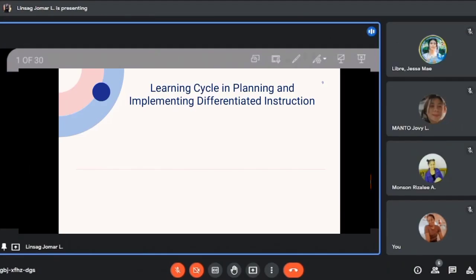Now let's have here the learning cycle and planning and implementing differentiated instruction. The learning cycle is the process through which students acquire the knowledge base. How important is the learning cycle in planning curriculum? It guides learning on different levels, starting with awareness of information and continuing until students can utilize new information in their own teaching.